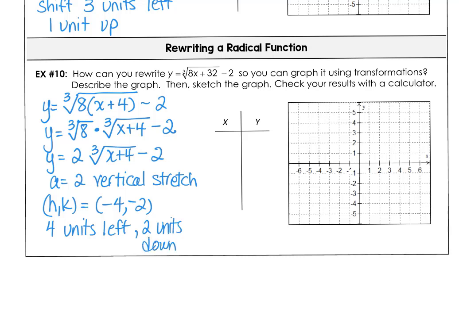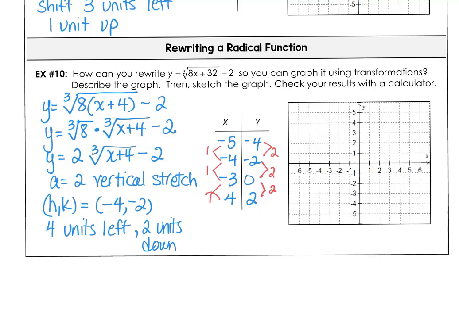And my table, using -5, -4, -3, and +4, you can see that vertical movement on the y values. But here we went up 1 and then 1 and then 7.